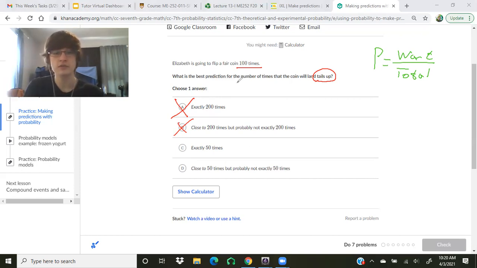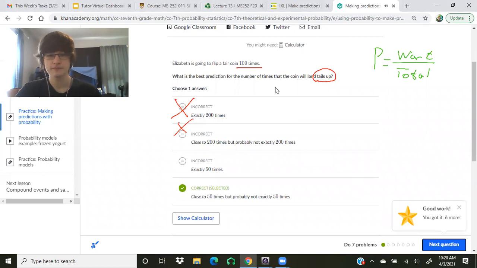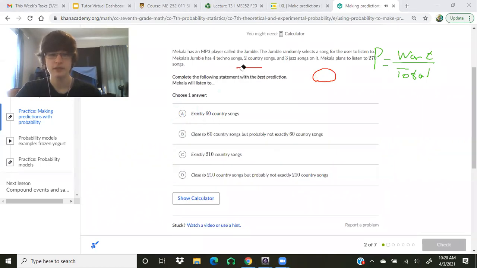So as you get to 100 throws, those misbalanced throws start to balance in the probability. Thus, you will be close to 50, but you probably won't be exactly 50. Let's see if we're right. And we are. Okay.